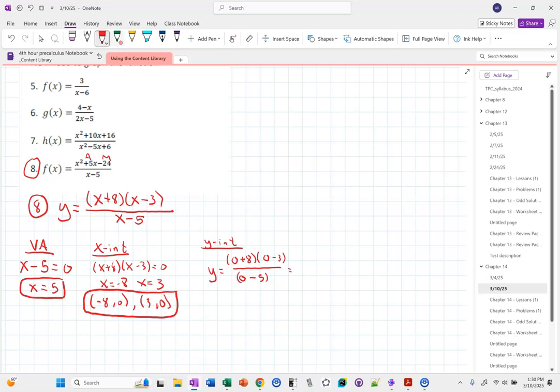So that's going to be negative 24 over negative 5, so that's going to be positive 4.8. And again, I'm going to write that as a point, so I don't accidentally confuse it with a horizontal asymptote or something else. So far, so good.